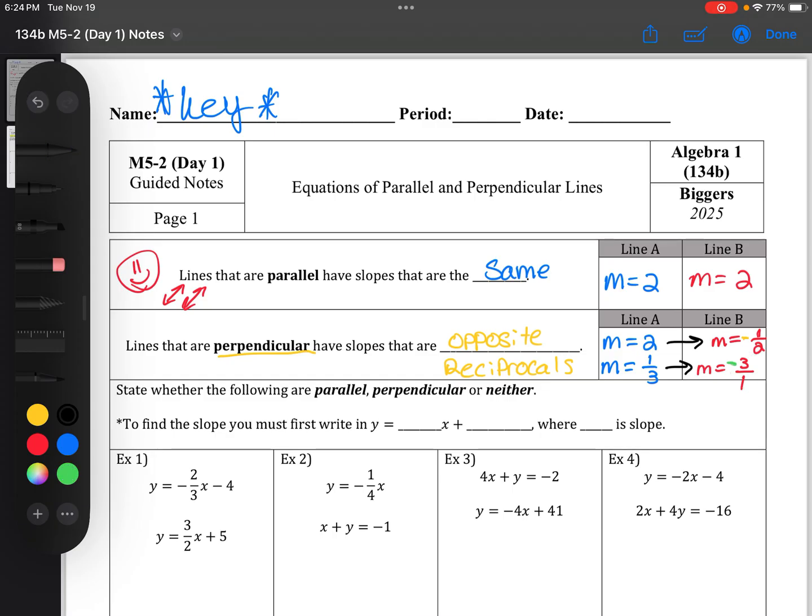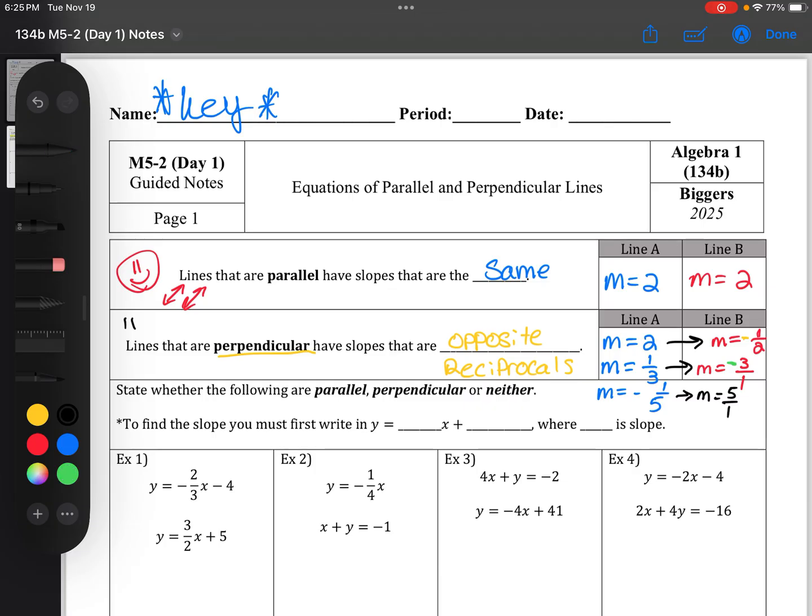And just to do one more, if I had a slope of negative 1/5, the opposite reciprocal of negative 1/5 is going to flip it. So it's going to be 5 over 1. Once again, it's opposite. So since this one is negative, this one becomes a positive, okay? So those are some examples of opposite reciprocal slopes.